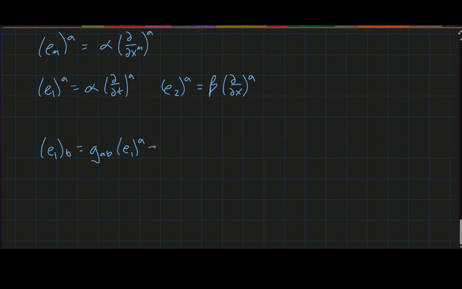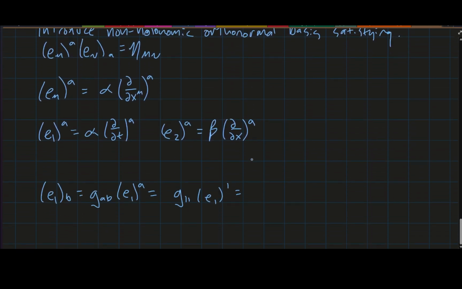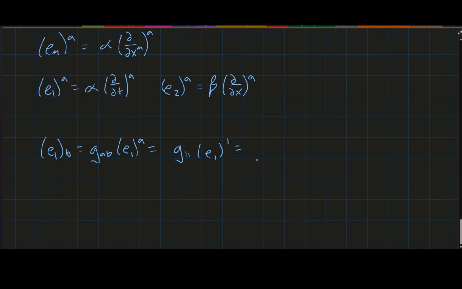So let's say we actually get G11, E1, 1. And so that's going to give us minus omega squared for the G11. And then E1a is going to give us alpha.